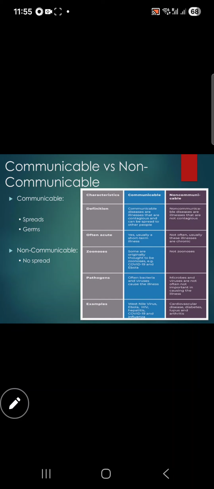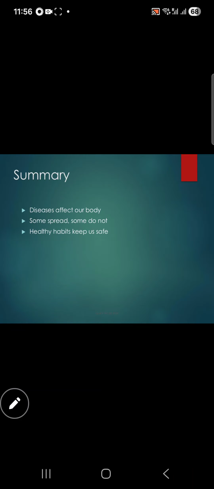Communicable diseases spread from one person to another through germs, viruses, bacteria, and non-communicable diseases do not spread. They come from genetics or lifestyle. Examples of communicable diseases: Ebola, HIV, COVID-19, which we went through. To save our lives, we get vaccinated. So we have to follow these steps to get a healthy life.